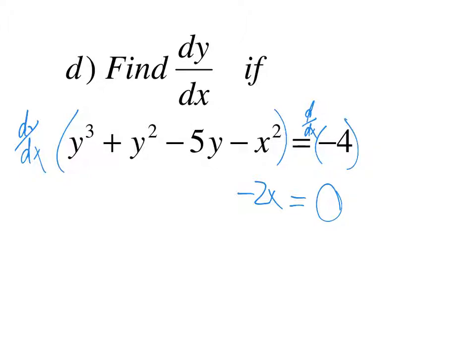So what would I have for y cubed? 3y squared. The derivative of y squared is 2y. The derivative of a minus 5y is a negative 5. But all three of those have times dy dx, because of the chain rule.